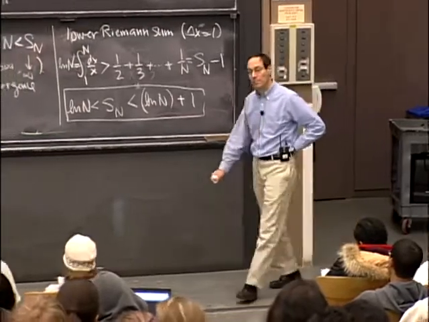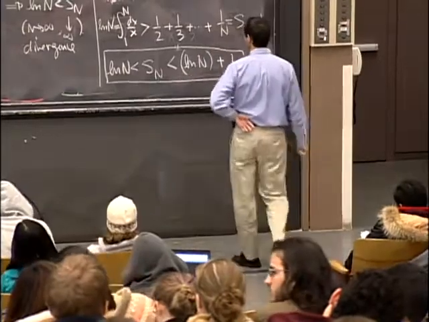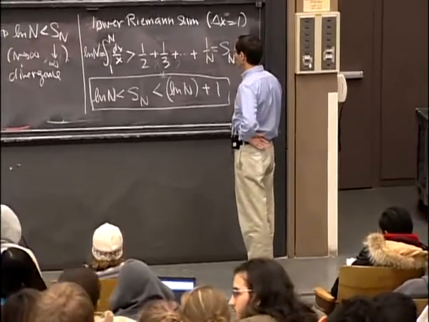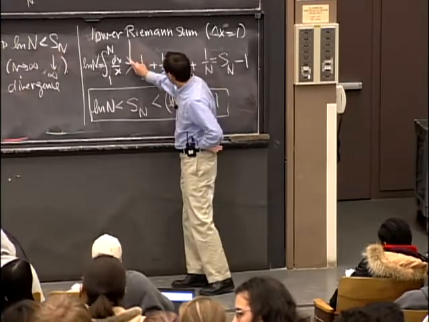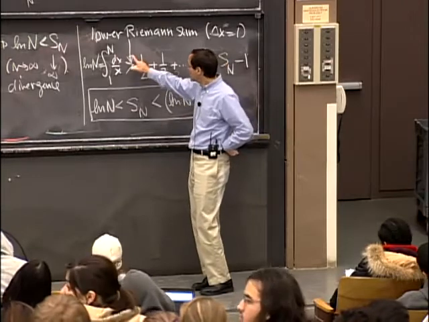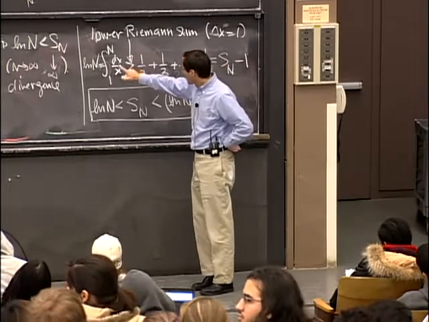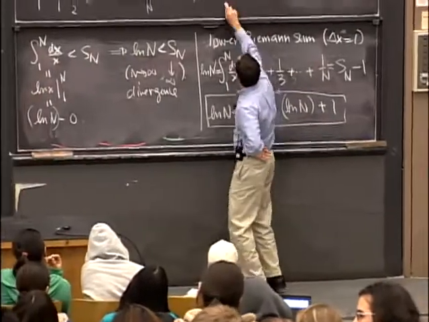Yeah, question? How did you set up this last inequality with the ln and that integral being greater than Sn minus 1? How did you know it's greater immediately? This step here is the step that you're concerned about. So this step is a geometric argument which is analogous to this step.